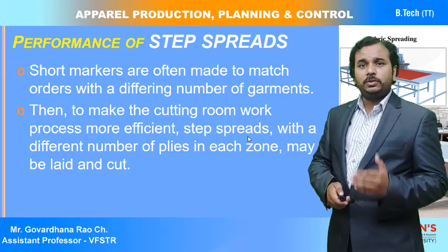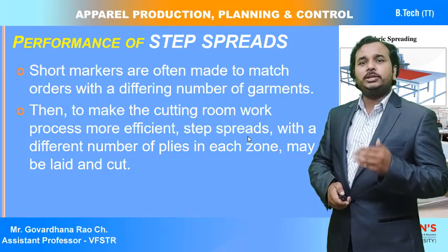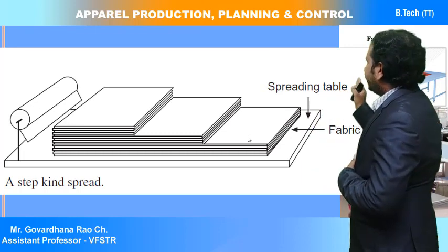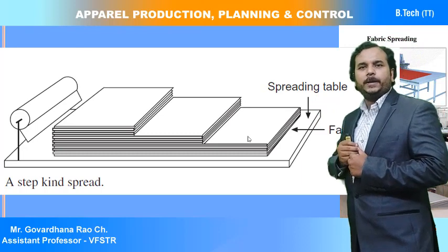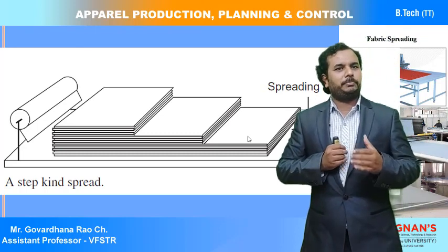So how will this step lay be done? You can observe here there are 3 steps in the particular marker, with the number of plies in step 1, step 2, and step 3.